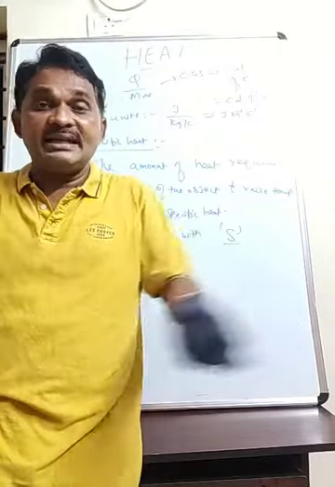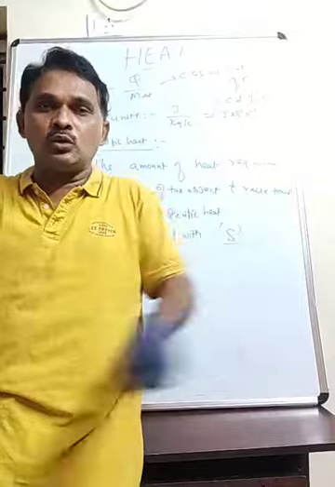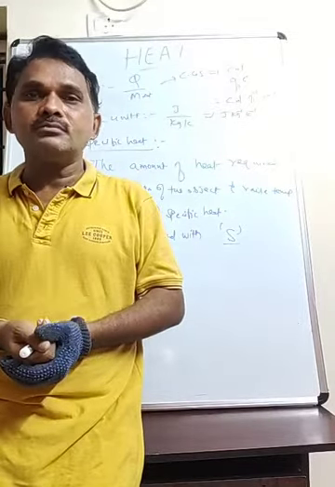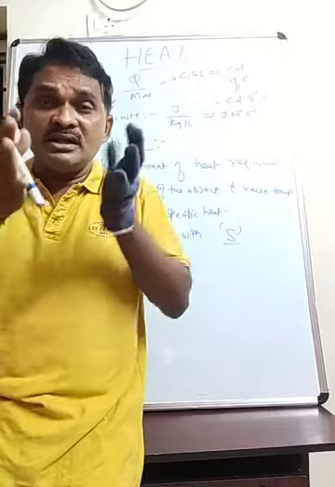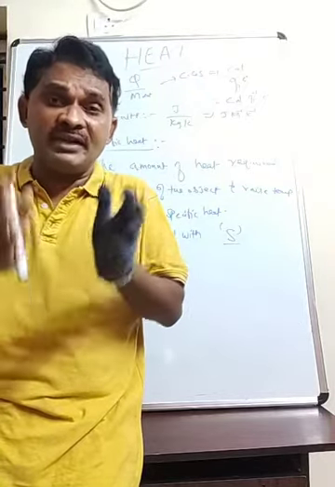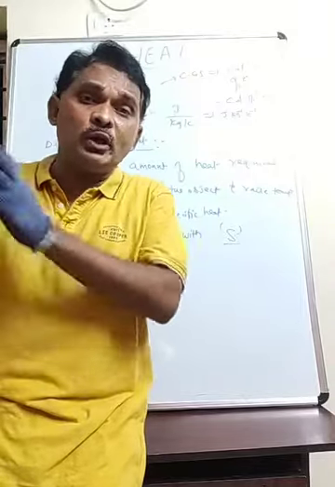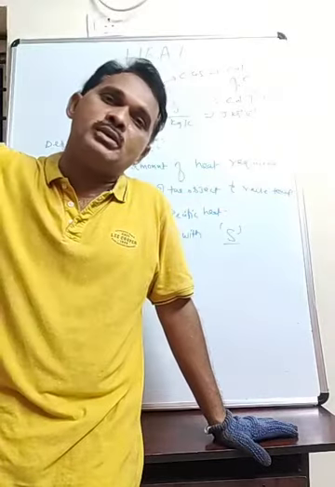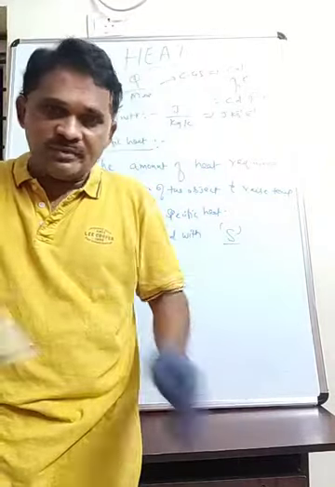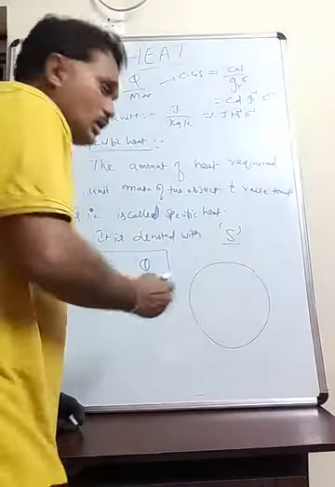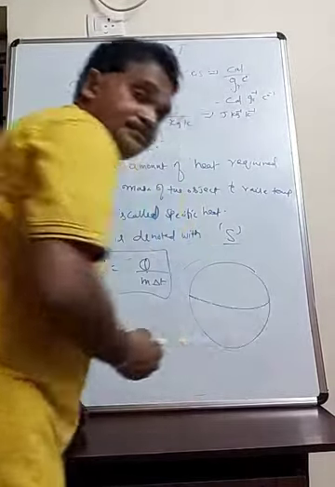They will send these temperatures to the two poles. The equator has a very high temperature, and the poles have a very low temperature. That's why this temperature slowly goes to the poles. Suppose you consider this is the earth and this is the equator.